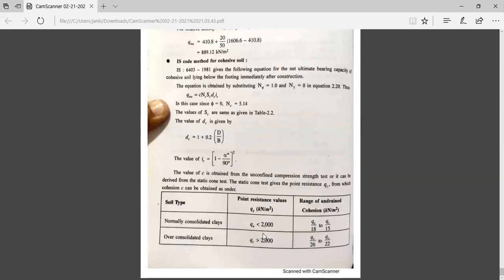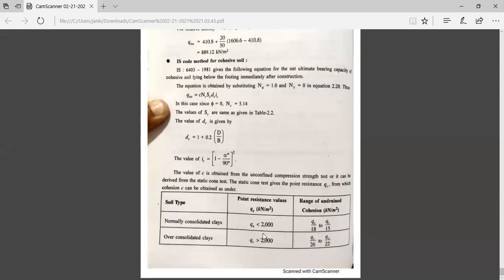Now, for the IS code method for cohesive soils, the following equation gives the net ultimate bearing capacity of cohesive soil lying below the footing immediately after construction. The equation is obtained by substituting NQ equal to 1 and gamma equal to 0 in equation 2.20.